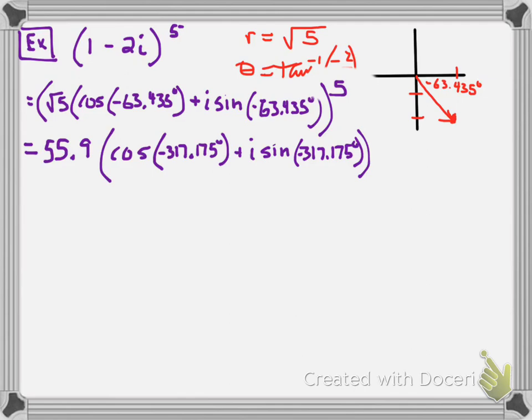Now it becomes a calculator game, right? 55.9 times cosine of negative 317.175 degrees gives us what? What do you get, Elizabeth? 40.99. 40.99, we're going to call that 41.